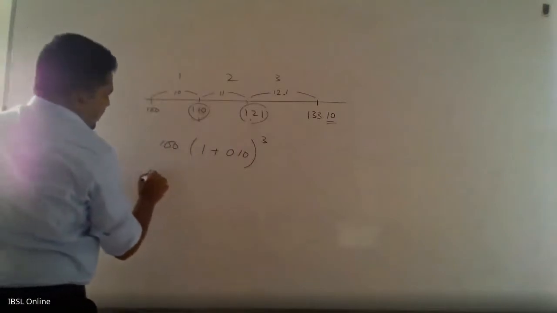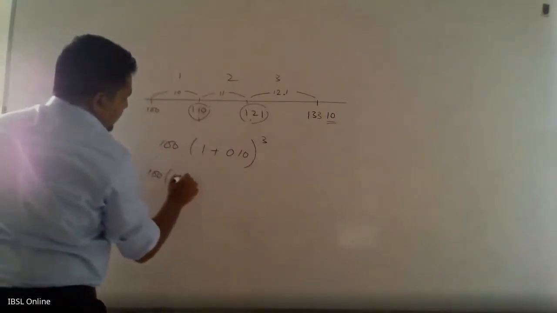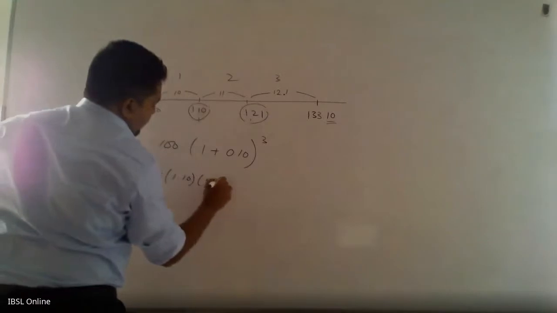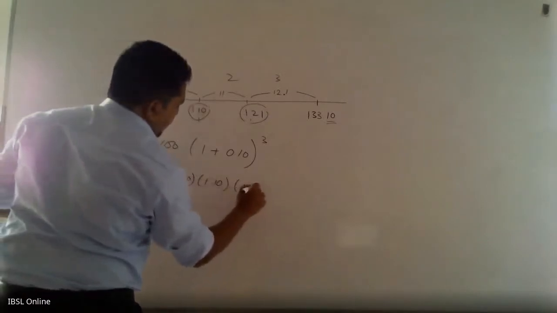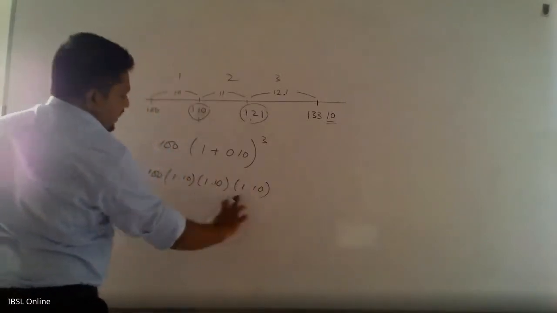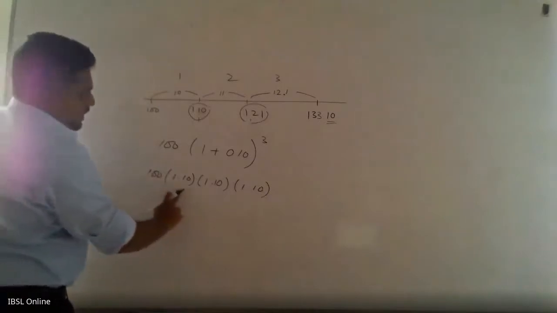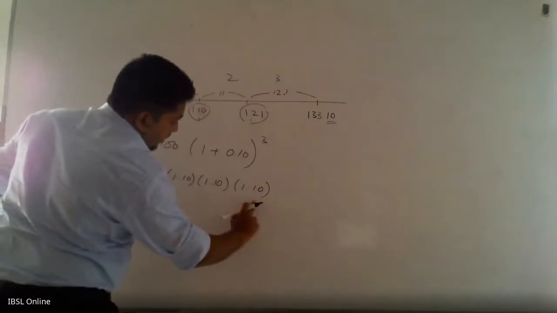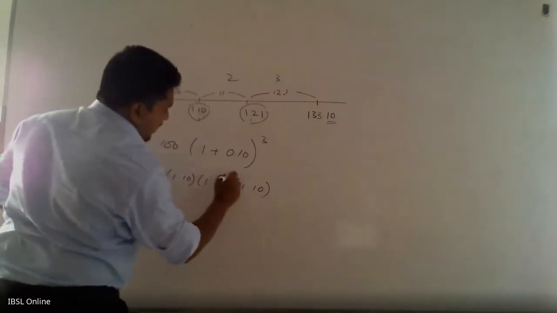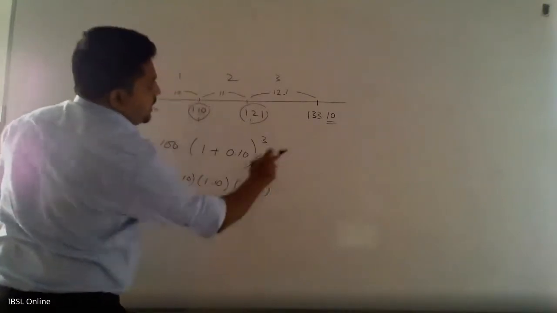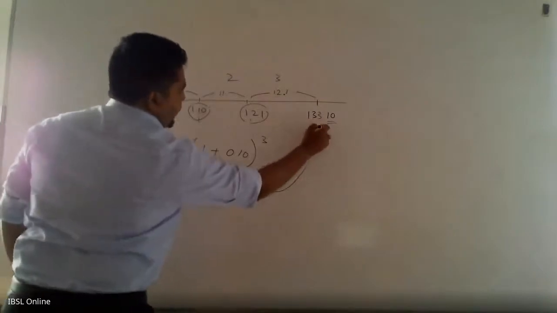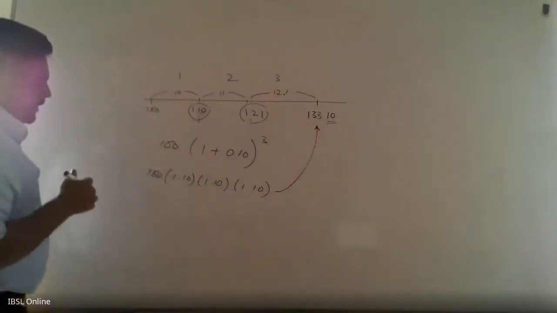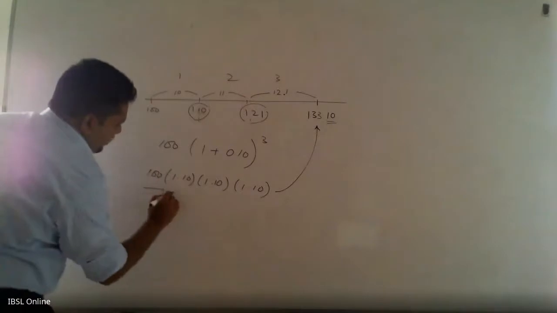So eventually what we have done here is 100 multiplied by 1.10, 1.10, and 1.10, 3 times. We get 110 here, we get 121 here, and 121 multiplied by 1.1 is going to give you this answer of 133.10. I'll try to break it down again.